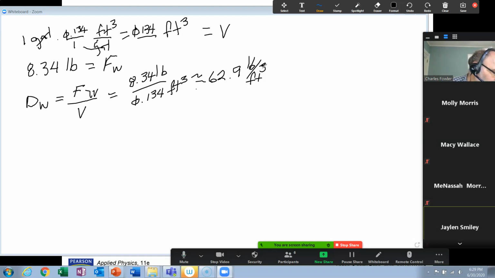Now, their calculation, doing it the way they did with pounds and inches, they did 2 conversions with it. They came out exactly 62.4, rounded to 62.4. Again, your conversion was right, what they had in the back of the book, so you're stuck with it. So it's fine.